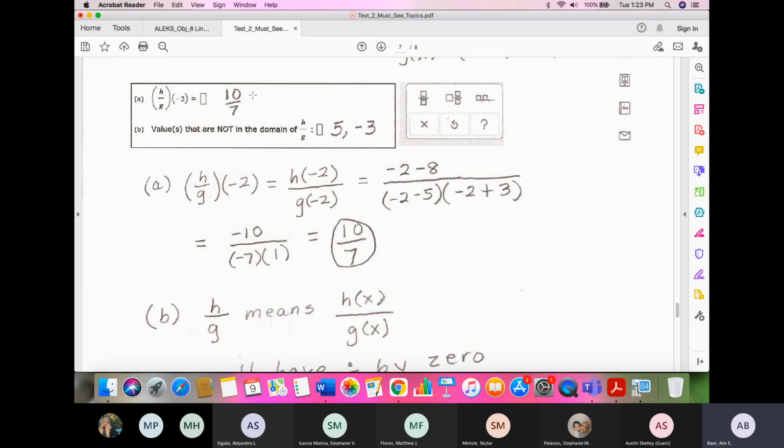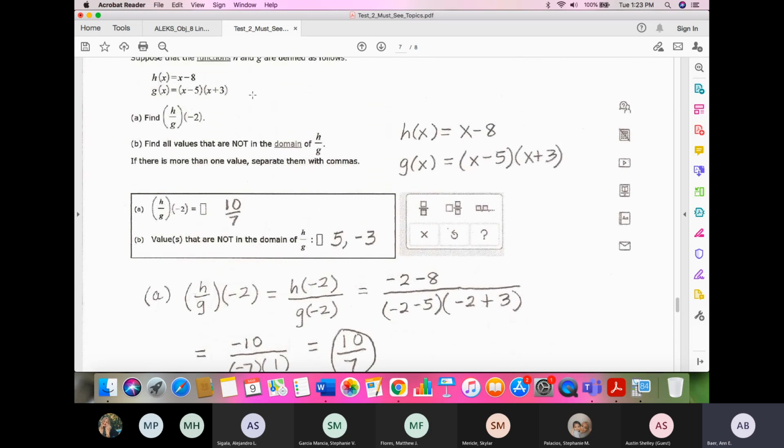Part B is a little different. In part B, find all values that are not in the domain of h divided by g. If there is more than one value, separate them with commas.